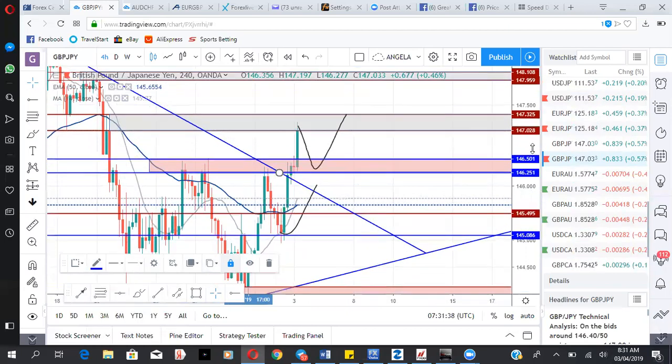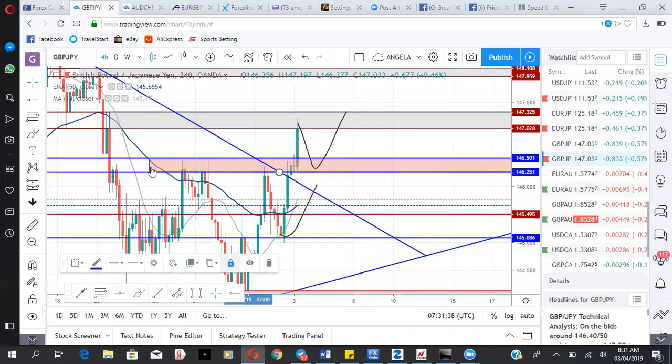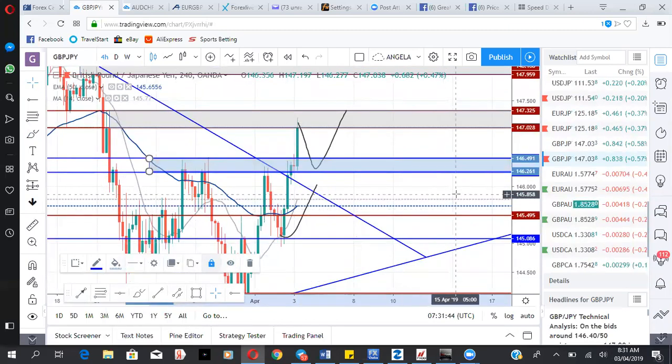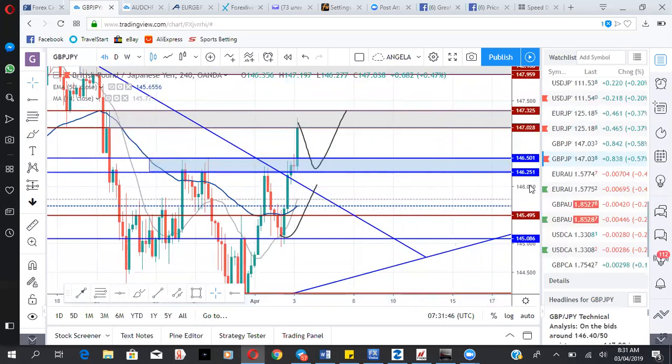So this is your support area. Your support area comes in between 146.50 and 146.25. So should you get a bearish move from this place, this is where you'll be hoping to find support.